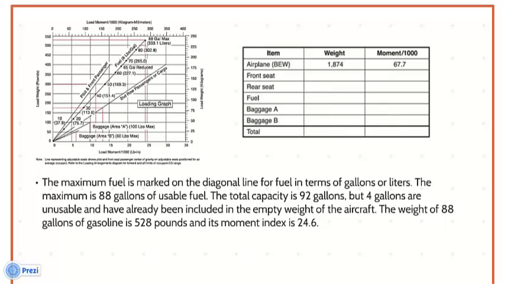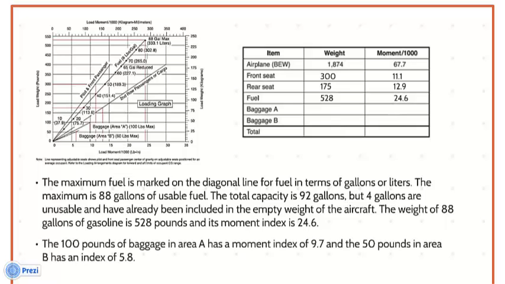The total capacity is 92 gallons, but 4 gallons are unusable and have already been included in the empty weight of the aircraft. The weight of 88 gallons of gasoline is 528 pounds, and its moment index is 24.6. The 100 pounds of baggage in Area A has a moment index of 9.7, and the 50 pounds in Area B has an index of 5.8.